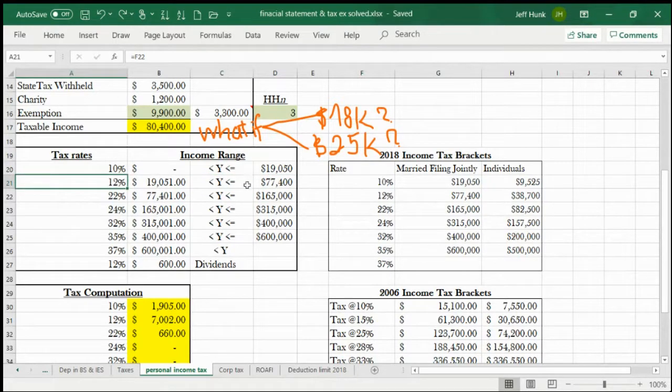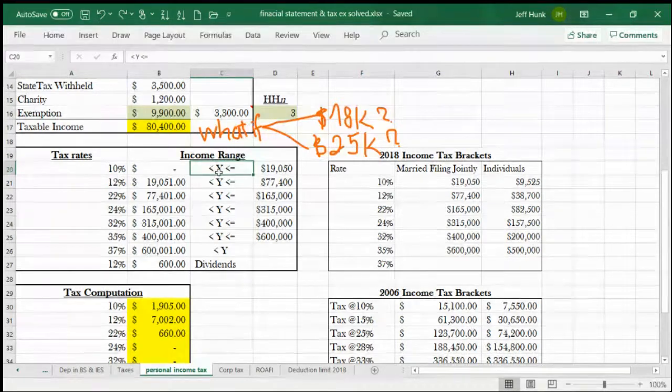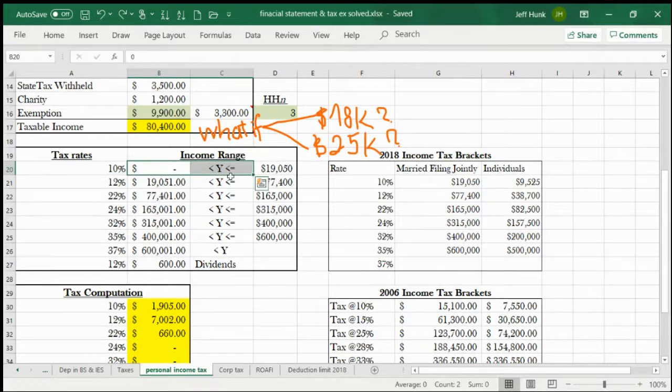But this is you doing that, right? But what kind of logic would make Excel automatically do that? So let's think about it. What if your income was 18K? Then it falls into only the first bracket, right?